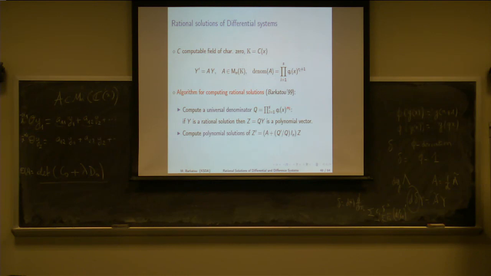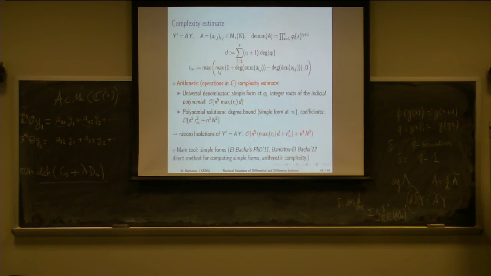What is the complexity estimate for this algorithm? This becomes the algorithm to compute the universal denominator and compute polynomial solutions. Let's state it for a homogeneous equation, so the entries are rational functions.